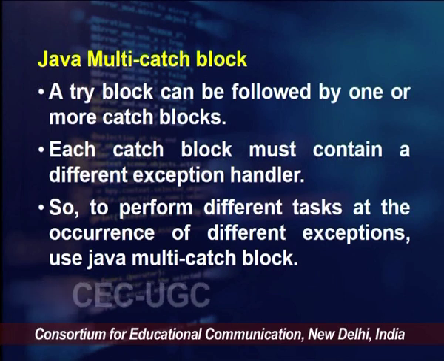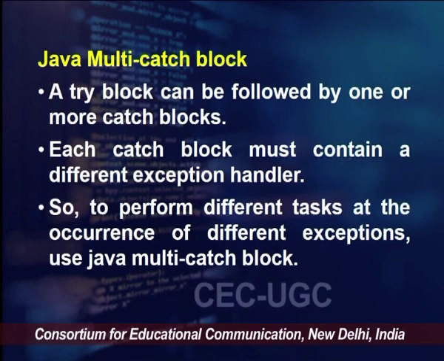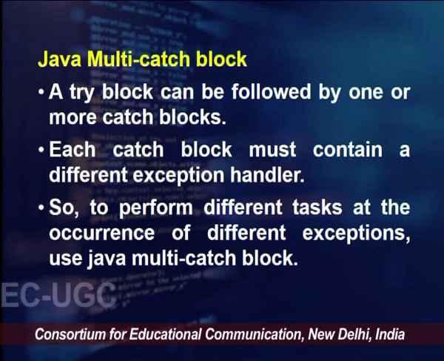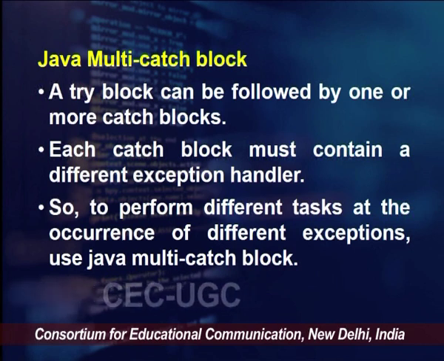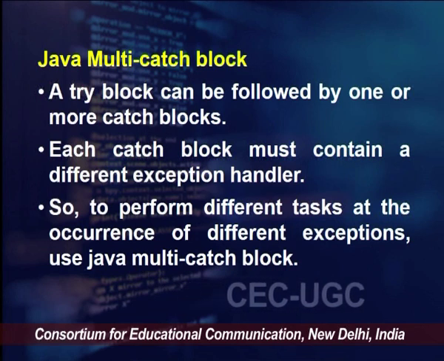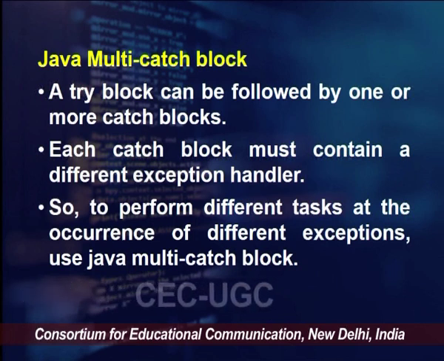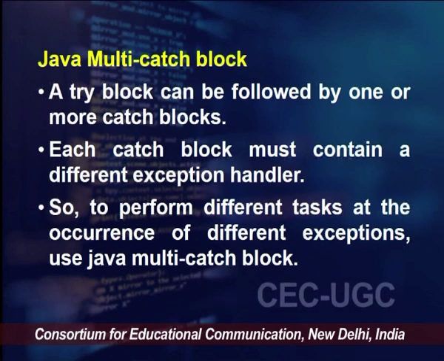One catch block may have an arithmetic exception handler, another may have file not found, the third may have null pointer exception, and so on. These different catch blocks are there to perform different tasks at the occurrence of different exceptions, and this can be done with the help of multi catch blocks.